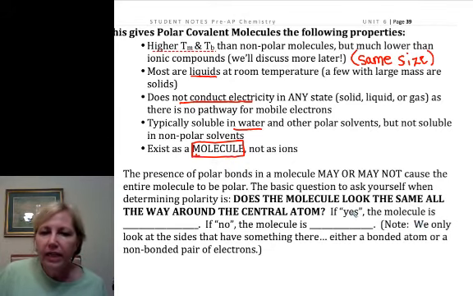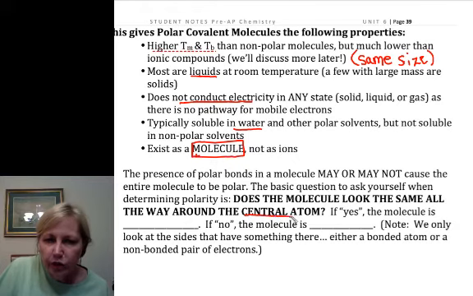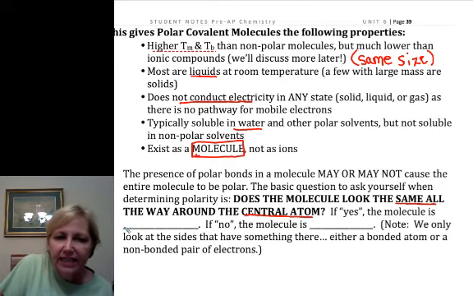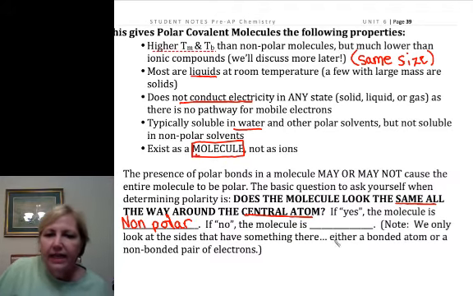So what you want to look at is the distribution around the central atom. If it's the same all around the central atom, if the answer to that is yes, it is the same, then it's a non-polar molecule. If it's no, that means there is an uneven pull on electrons, and it is a polar molecule.